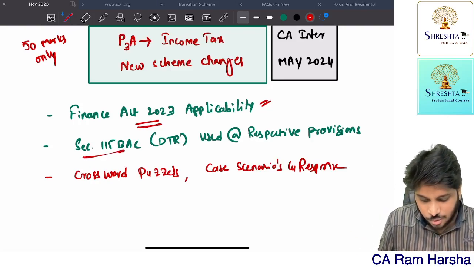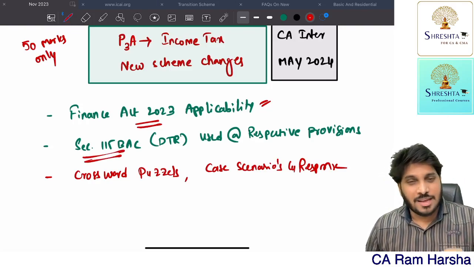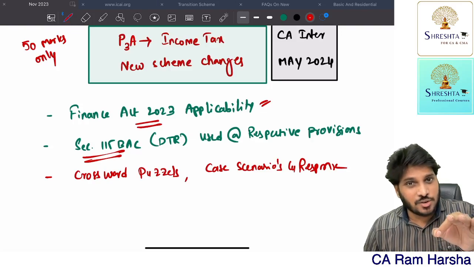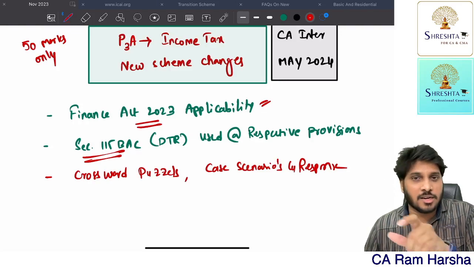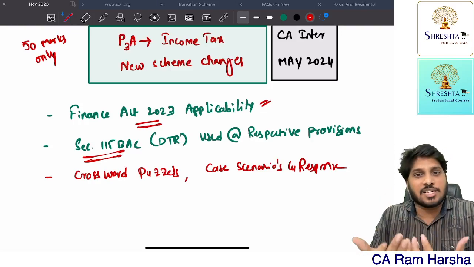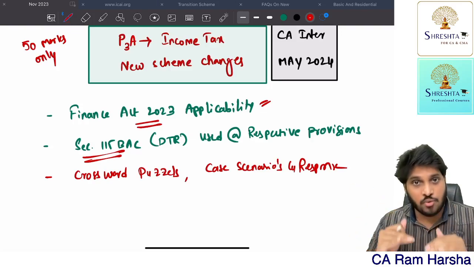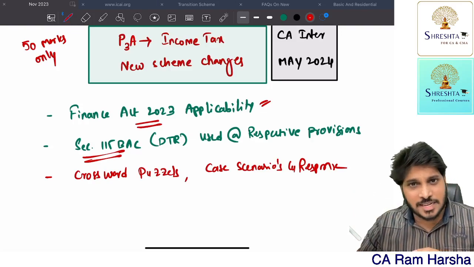Next, 115BAC. This provision, in the old scheme, was covered in depth under the total income chapter. Now they have discussed it only briefly under the total income chapter.